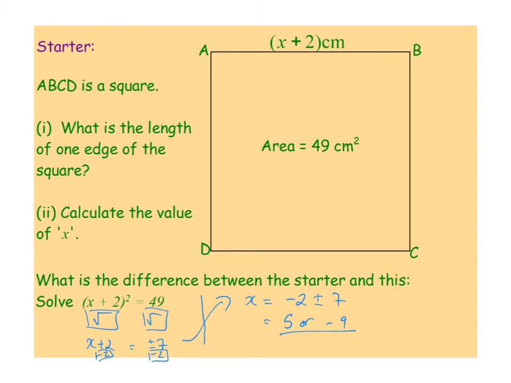Okay, moving along then to completing the square. Here I've got an image of a square, and I'm going to tell you that the area of that square is x squared, which means that you therefore know that the length of one edge is x. Now, completing the square is used when you don't have a perfect square.